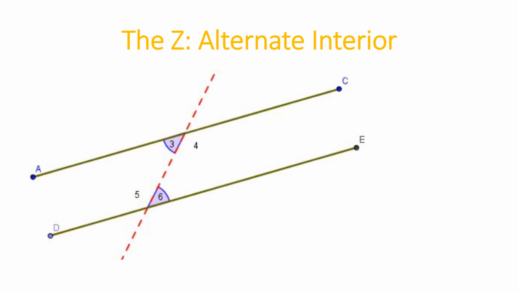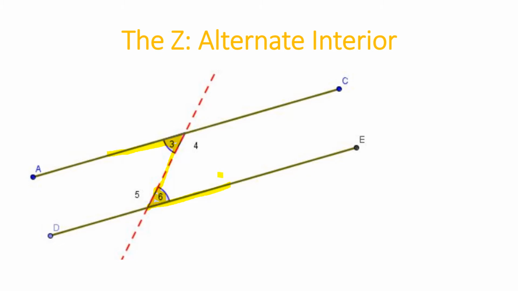So the Z, this is Melrose's favorite. She draws a Z. And then whatever angle is on the inside, like if you clamped the Z together, what would get smushed? So it's not this one. This one's not going to get smushed. If this comes down, the 3 is going to come over here and get smushed.